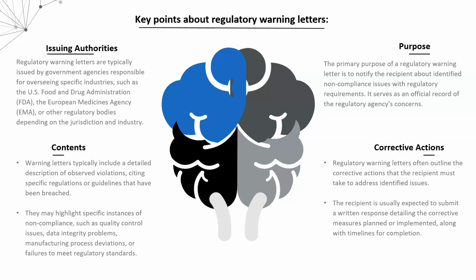And if you want to supply your medicines to that country, you need to take those kinds of corrective actions to get your product approval. So the recipient is usually expected to submit a written response detailing the corrective measures planned or implemented, along with the timeline of completion.